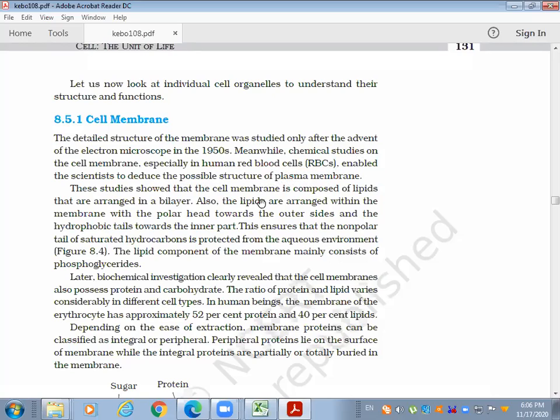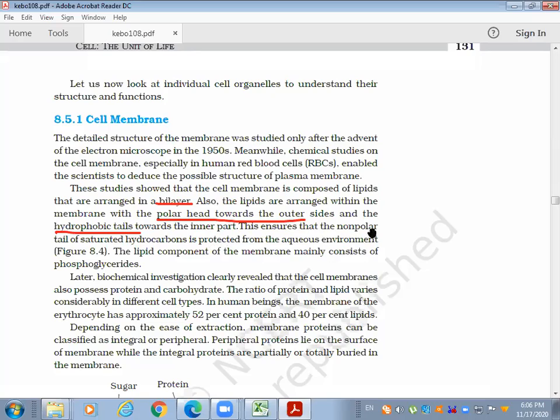These studies showed that the cell membrane is composed of lipids that are arranged in a bilayer. Also, the lipids are arranged within the membrane with the polar head towards the outside and the hydrophobic tails towards the inner part.